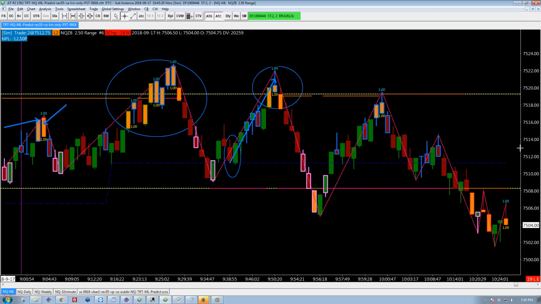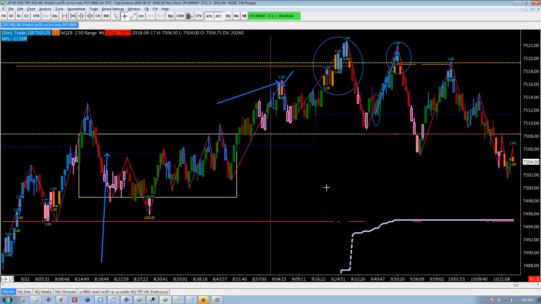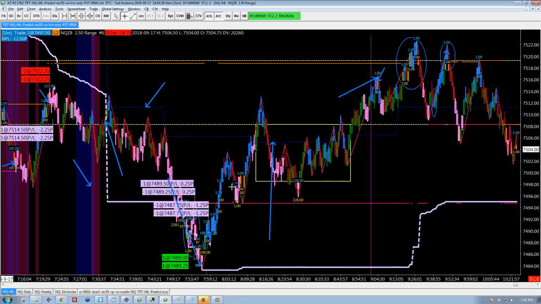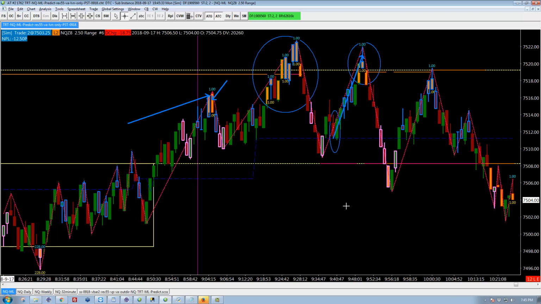The dilemma that we have. Let me see if I can show this correctly. The dilemma that we have when the market is this wild is that it's difficult to consider it a real level. What's the best way to put this? You basically have low volume nodes popping up all over the place because the market's just running back and forth.